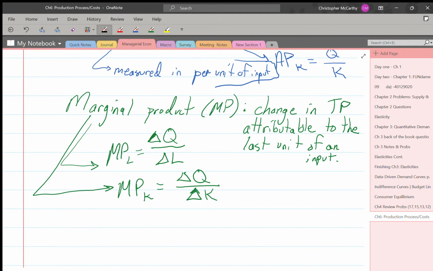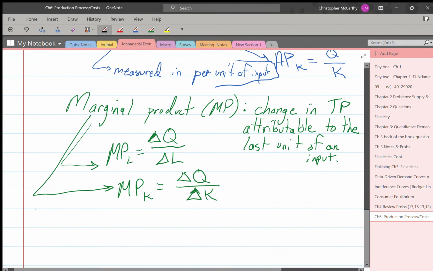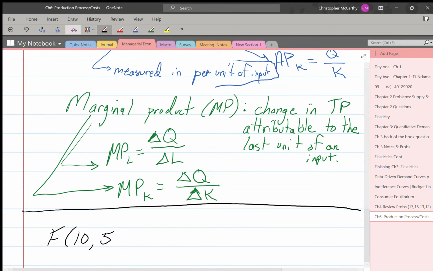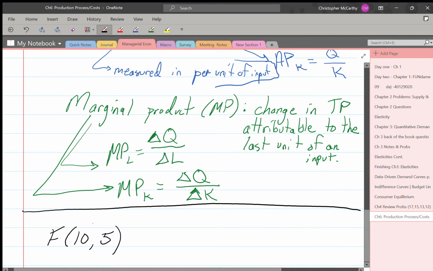So consider the following production function where we've got 10 units of capital and 5 units of labor. So the first one is going to be our capital.